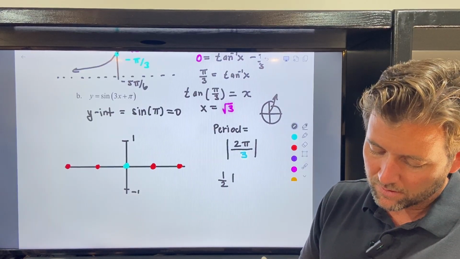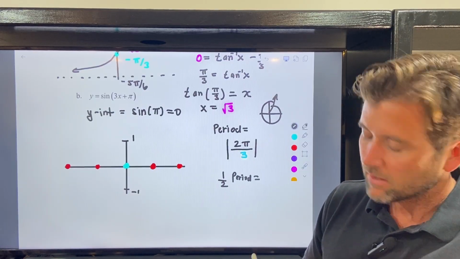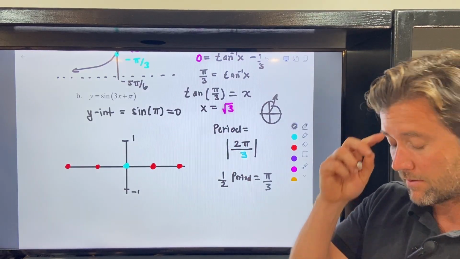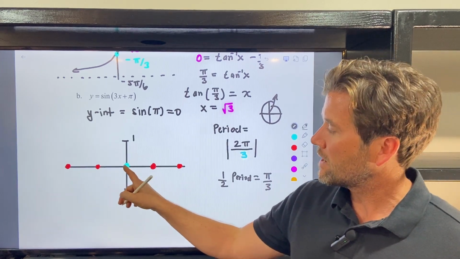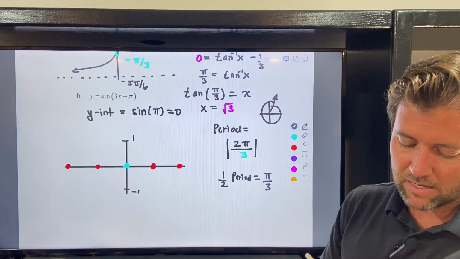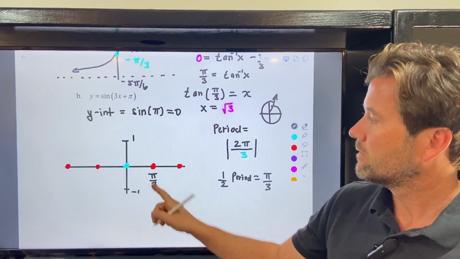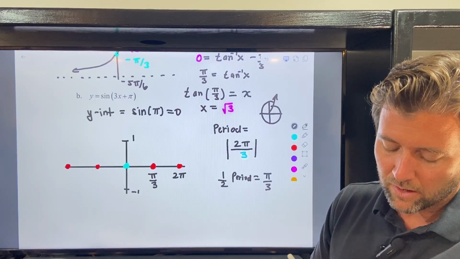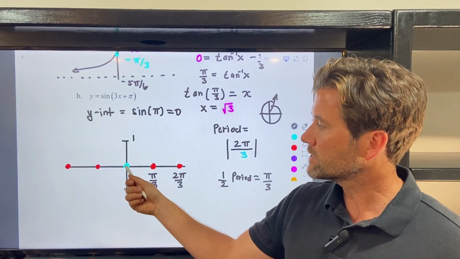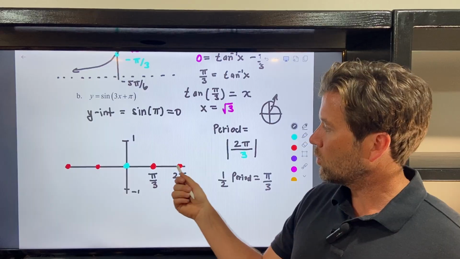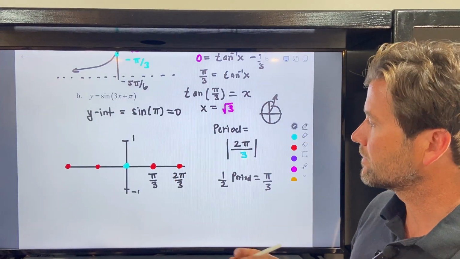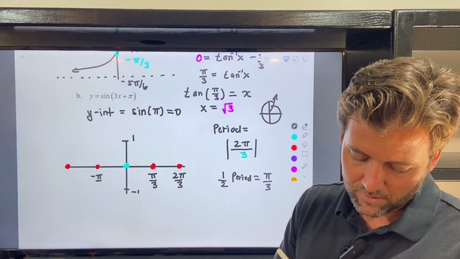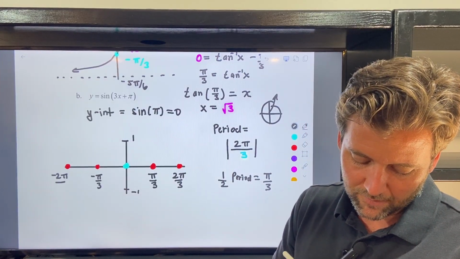A half a period: if I take half of 2 pi over 3, I would get pi over 3. So from x-intercept to x-intercept is half a period. From here to here is another half a period. So pi over 3 plus pi over 3 is 2 pi over 3. And remember what I said? From this x-intercept all the way here is a full period. This x-intercept over here would be negative pi over 3. And this one is negative 2 pi over 3.